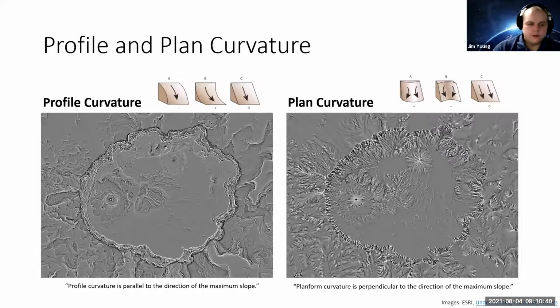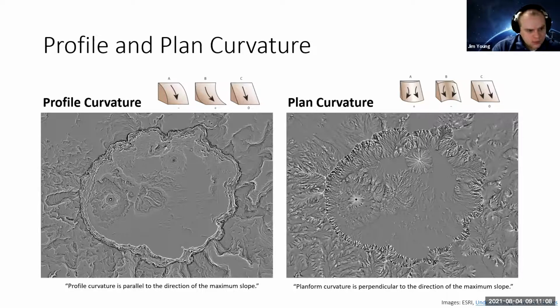Two major ones are profile and plan curvature, and they have been instituted in most, if not all, GIS software available out there. You have profile curvature, which maps along the slope gradient, and then you have plan curvature, which maps away from the slope gradient, so it can show convexity and concavity in both your X and Y directions.